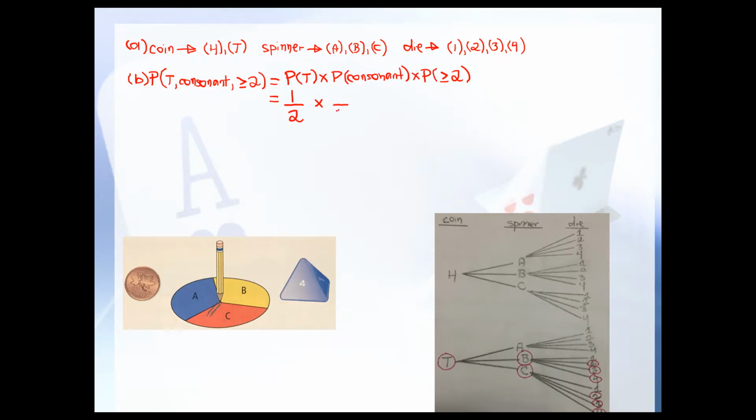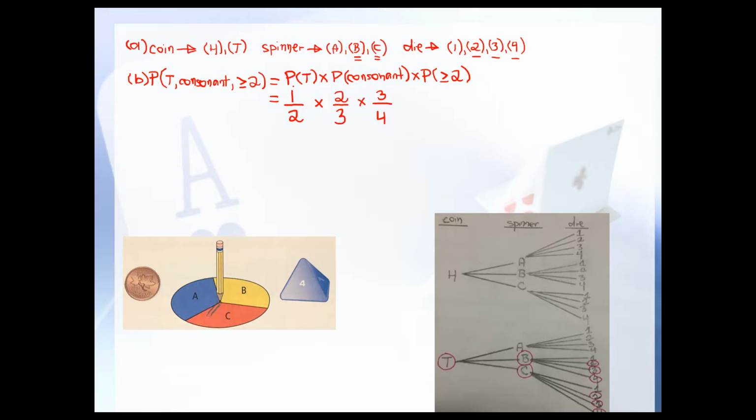On the spinner, there are 3 possible outcomes, and there are 2 consonants, B and C, so 2 favorable outcomes. Then multiply by the probability of getting greater than or equal to 2 on the die. On the die, there are 4 possible outcomes, and the numbers greater than or equal to 2 would be 2, 3, and 4. So we're going to go 1 over 2 times 2 over 3 times 3 over 4.